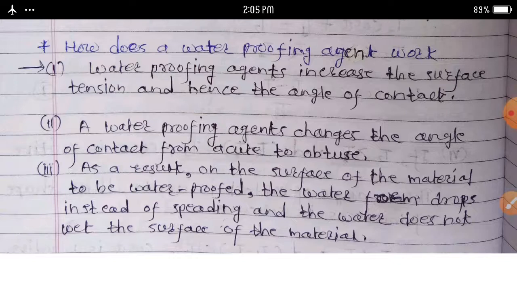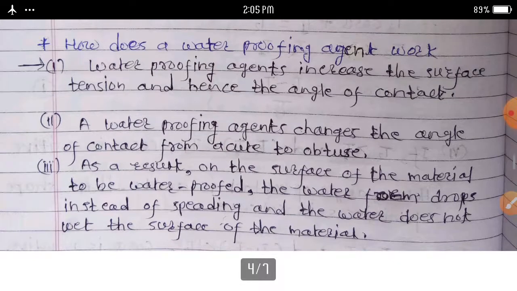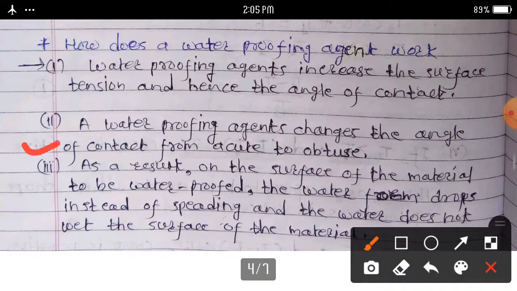A waterproofing agent increases the surface tension and hence the angle of contact. Here, a waterproofing agent changes the angle of contact from acute to obtuse.